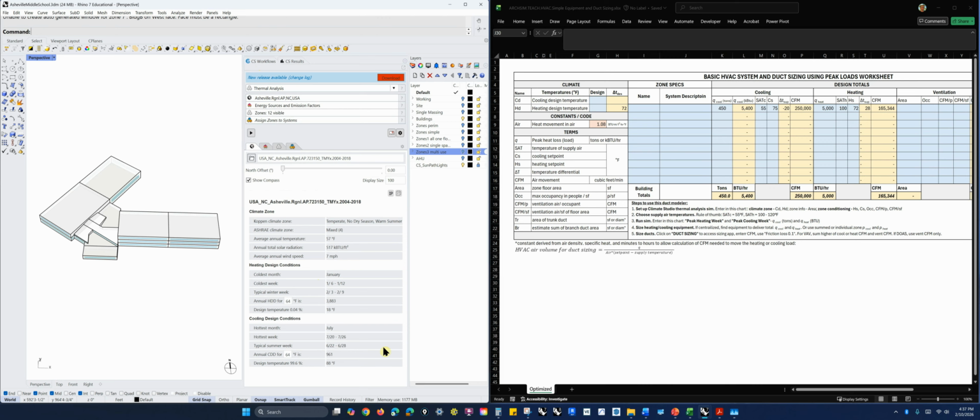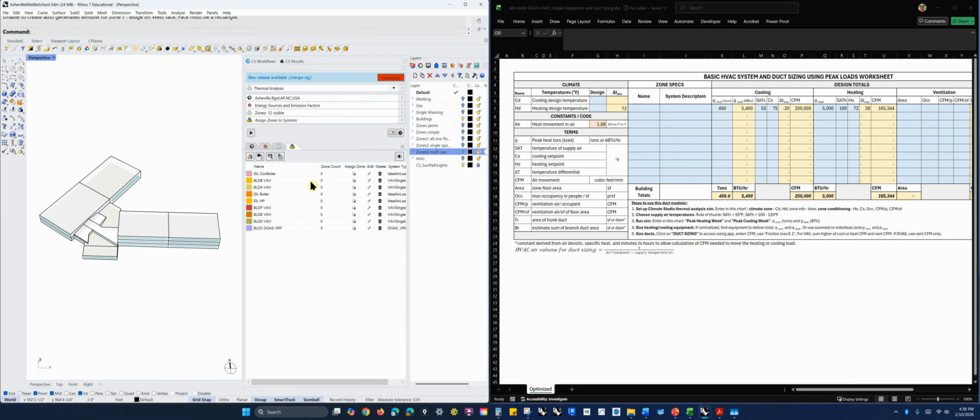Let me see if I did see this correctly here. Now I remember what I was looking at. We talked about this in the video last week.